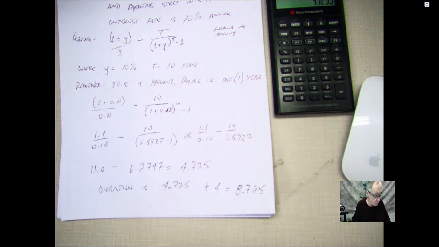Then B, it asks, what if the plan uses 5-year and 20-year zero coupon bonds and using that construct an immunization for the pension fund?